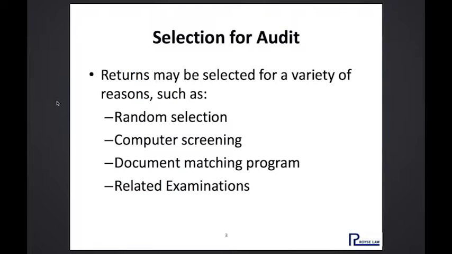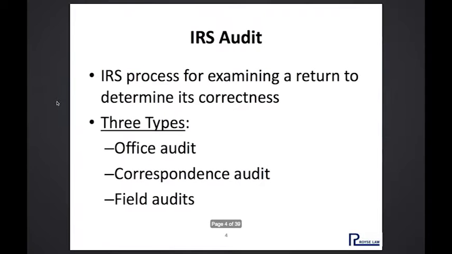That's when the information from a third-party document, such as W-2s and 1099s, doesn't match the information reported by the taxpayer. And also related examinations. That's when returns involve issues or transactions with other taxpayers, such as business partners or investors whose returns were selected for audit. Those are just some of the reasons why a return may be selected for audit.